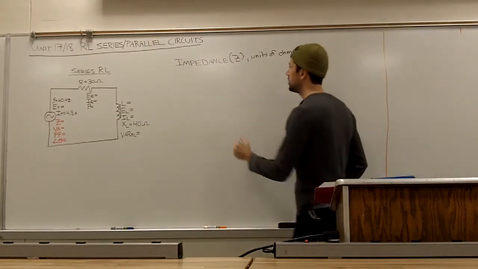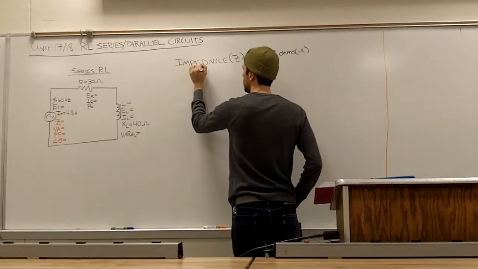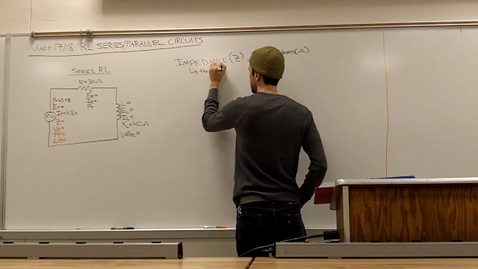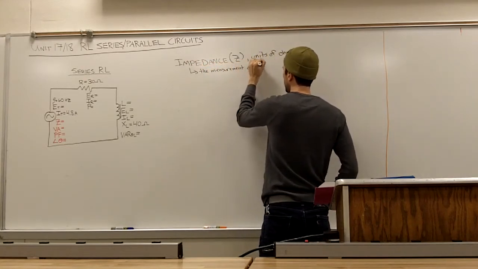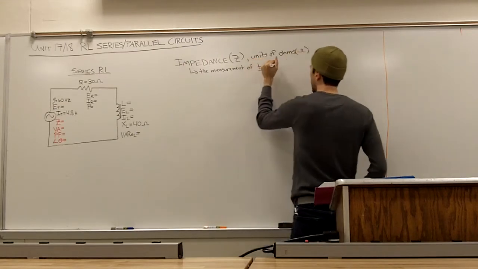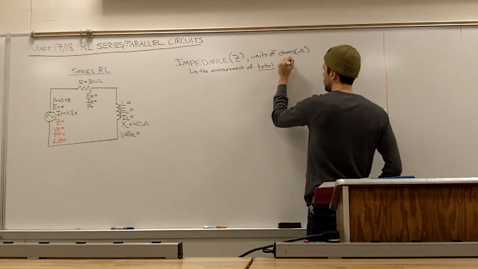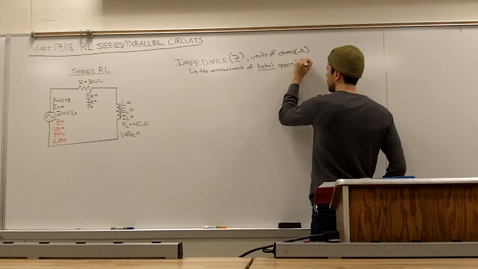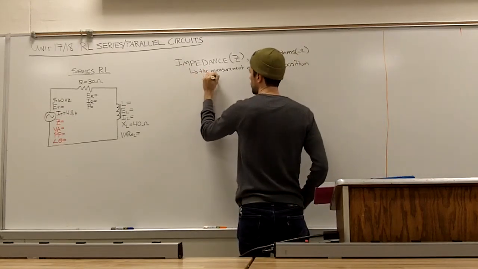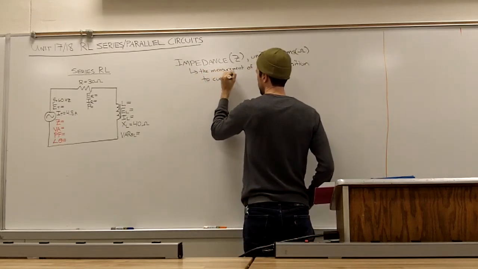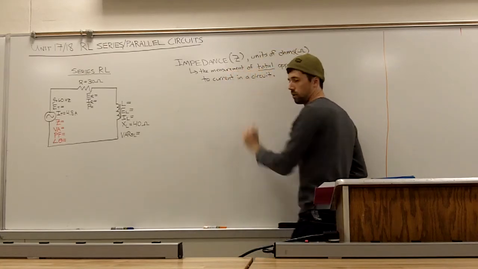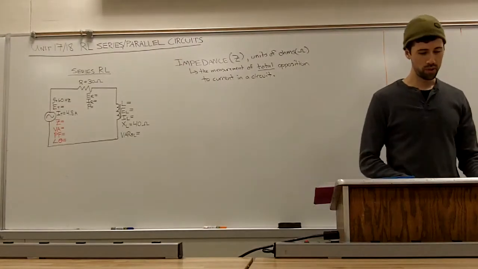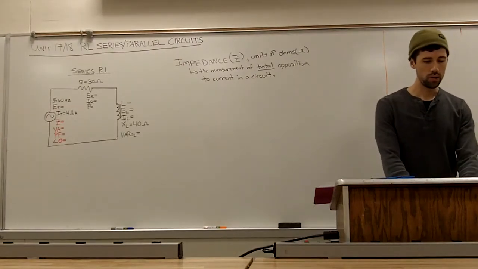And impedance is the measurement of total opposition to current flow in a circuit.